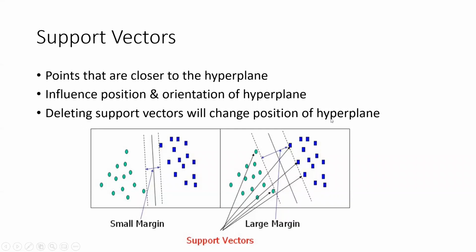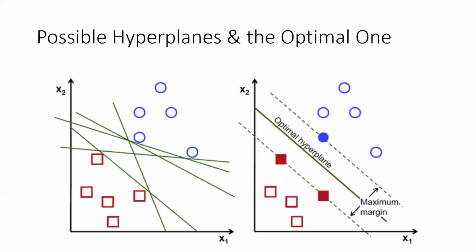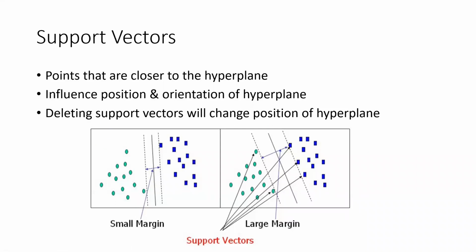Okay, and in the previous slide we talked about the optimal hyperplane having the maximum margin. Okay, so what does maximum margin mean? It is nothing but the maximum separation between the data classes. So if you see here, this particular hyperplane, you have one support vector over here and another support vector over here, and the distance between this hyperplane and this closest support vector is the margin, right?